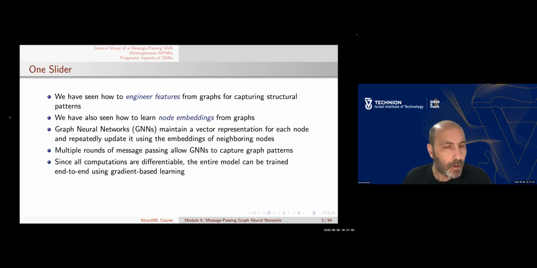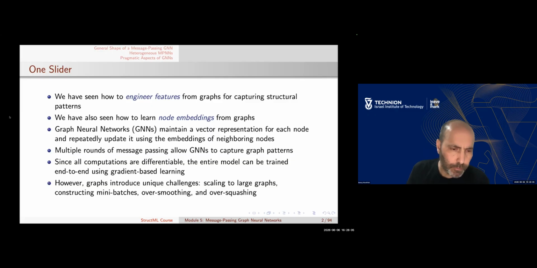Now all the computations are differentiable, and therefore we can train the parameters of the model based on the machine learning task that we want to solve using gradient-based learning, like Adam Optimizer or SGD and so on.